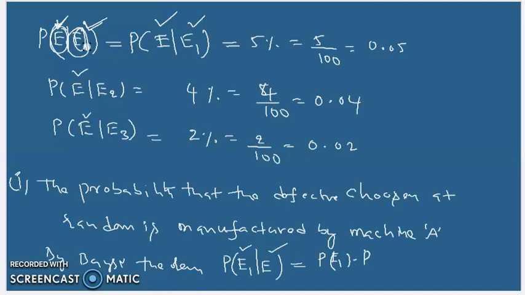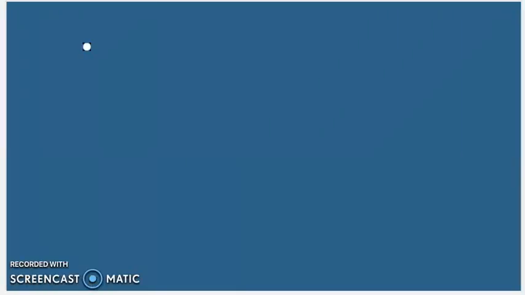into P of E by E1 by summation i equals to 1 to 3, because 3 events are chosen like this, P of Ei into P of E by Ei. Okay, so we are going to expand that representation.